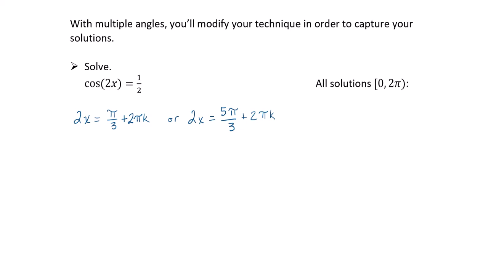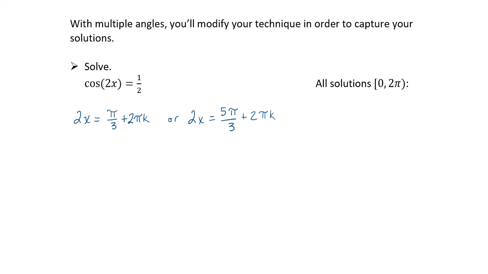The reason being that this is not just an x equals, it's a 2x equals. And so when I have to divide both sides by 2 or multiply both sides by 1/2, then it affects not only that original angle, but it's going to affect this plus 2 pi k, and we'll be able to catch all the solutions in 0 to 2 pi that actually work for this.